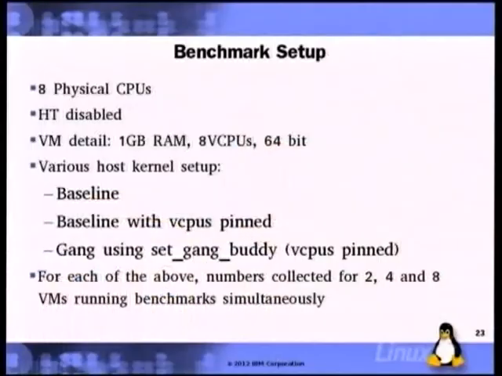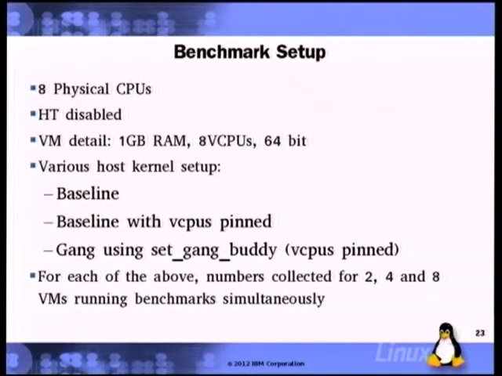Moving on to some benchmark numbers. I'll go into detail on the setup we had: 8 physical CPUs with HT disabled. Our VM had 1 GB RAM, 8 vCPUs, and was a 64-bit VM.